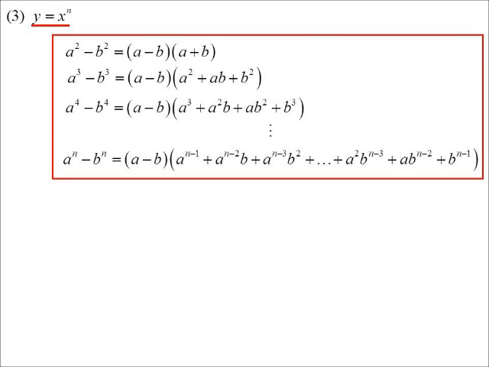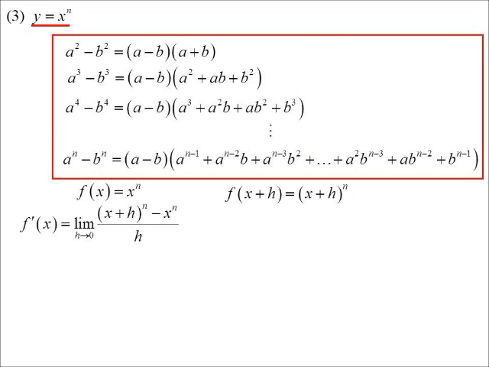Okay. So I'm going to use that in proving this next one, x to the power of n. Function x is x to the power of n. Function x plus h will be x plus h to the power of n. So if I put that into my first principle formula, there it is, a to the n minus b to the n. It's just that a is x plus h and b is x.